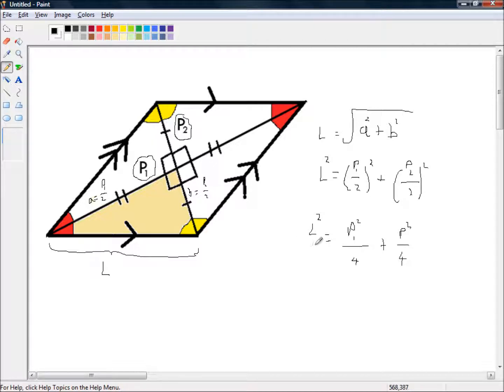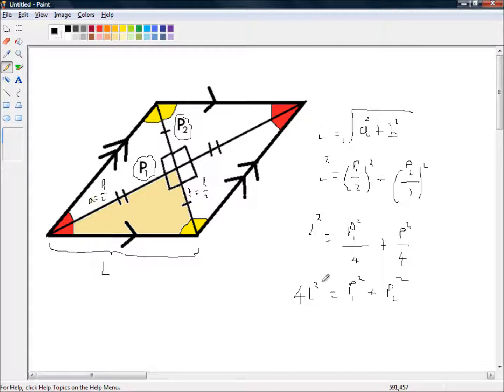So multiplying everything through by 4, we get 4L squared is equal to P1 squared plus P2 squared. And now we can take the square root of both sides.